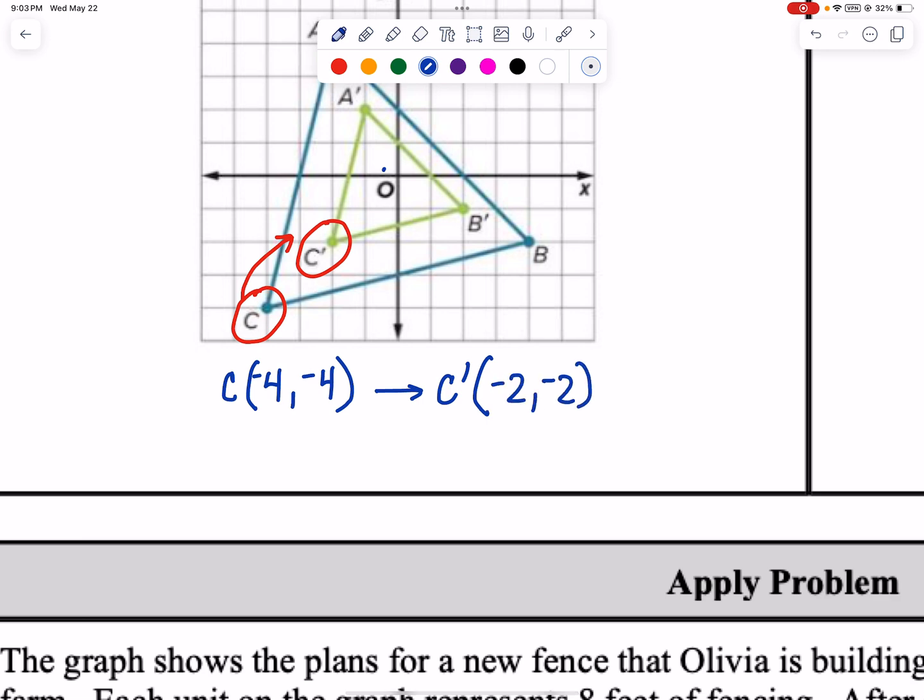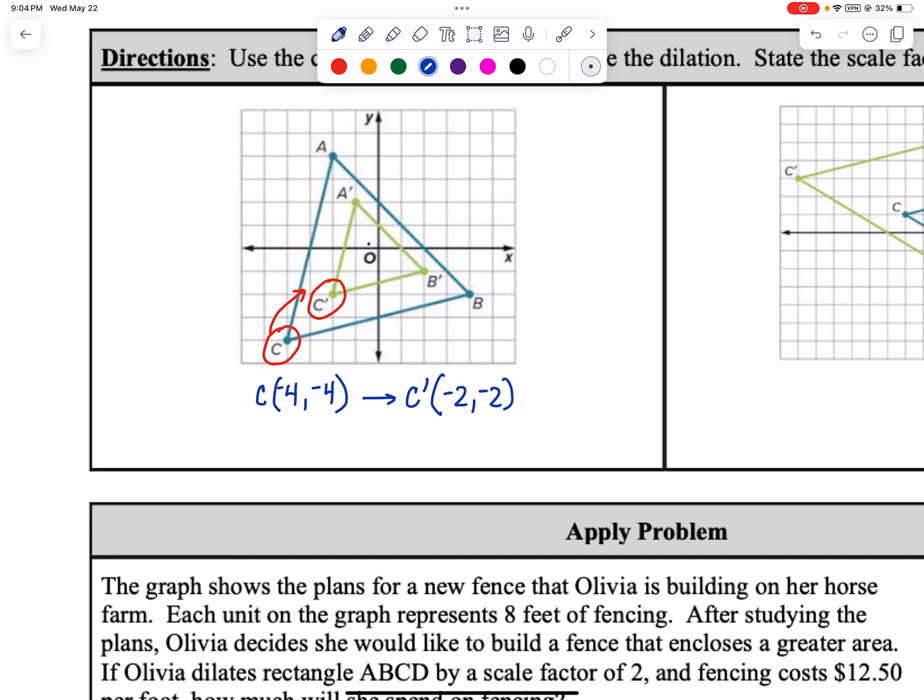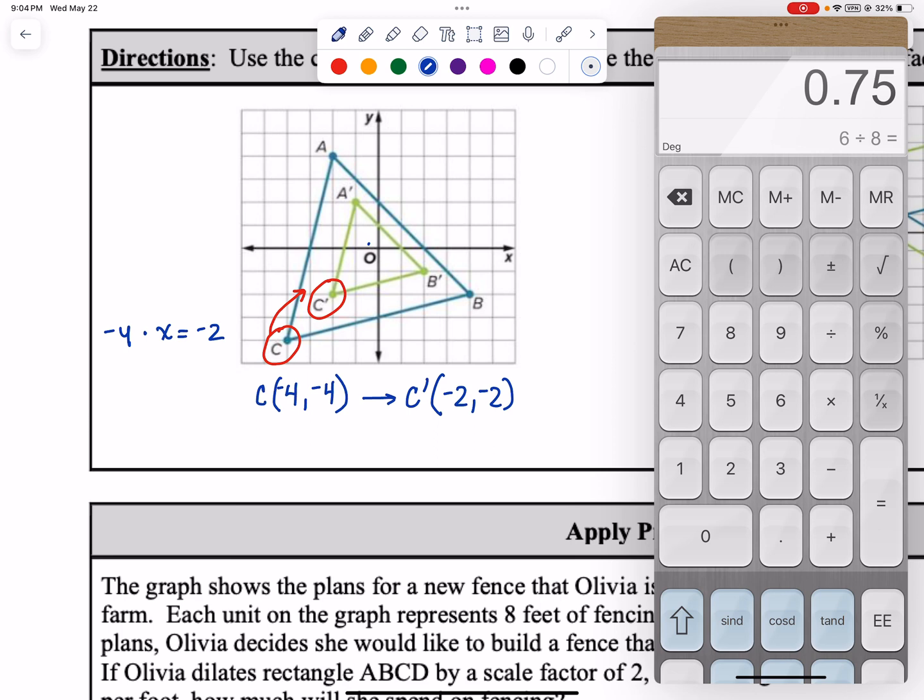Okay? So then you just ask yourself, well, what happened from X to Y? And so on the side, remember scale factor, we're saying, well, from negative 4, what is my multiplier? So times what got me to negative 2? And so you just sort of think, well, I'm cutting that in half. Or if you're not sure, you can always do the negative 2 divided by the negative 4, and you can see we have a scale factor of 0.5.